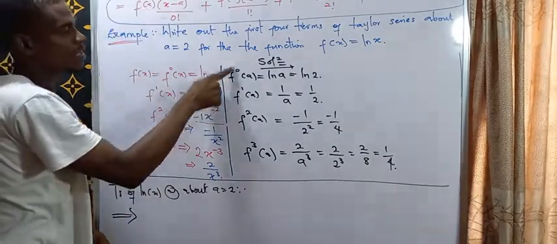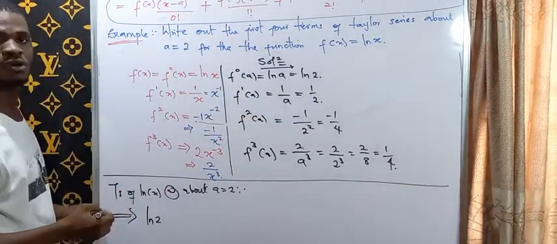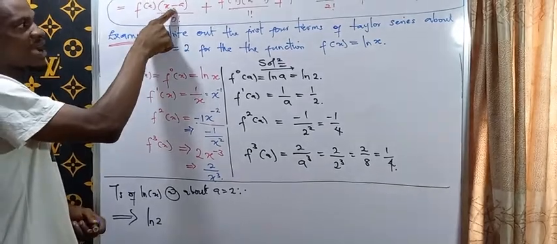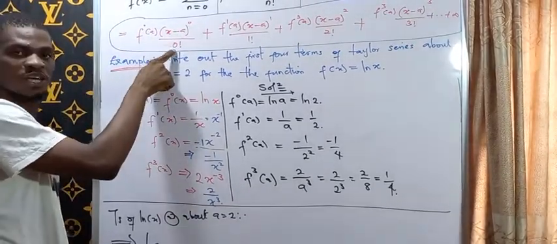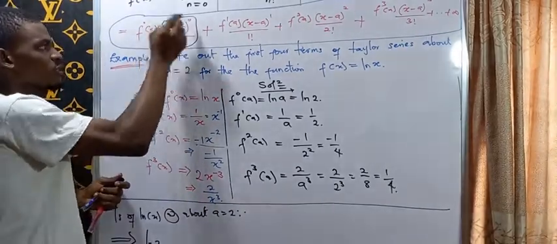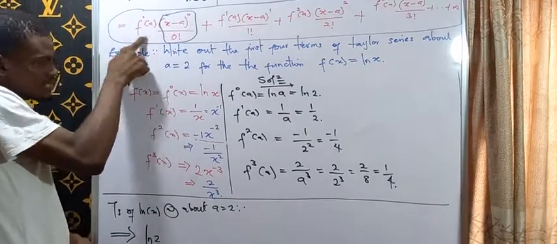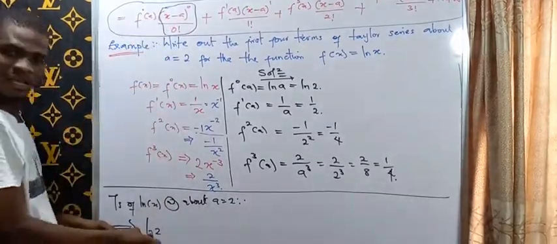What is f0 of a? ln 2. That's ln 2 times (x minus a) raised to power 0. Anything raised to power 0 is what? 1. The 0 factorial is what? 1. So everything here comes to 1. So 1 times ln 2 is still ln 2. So the first term is ln 2.